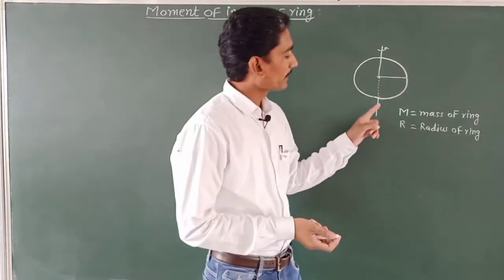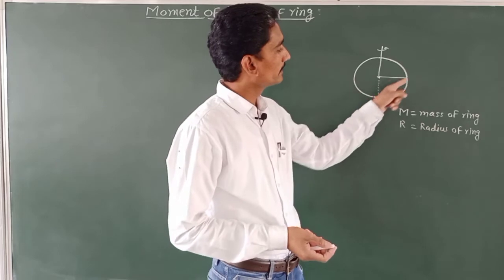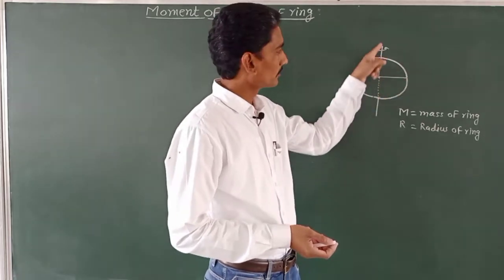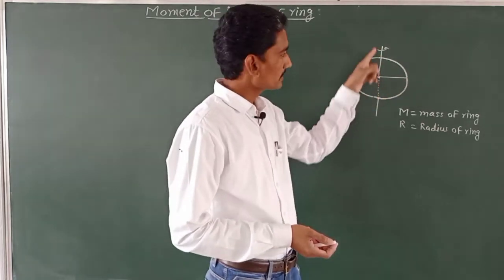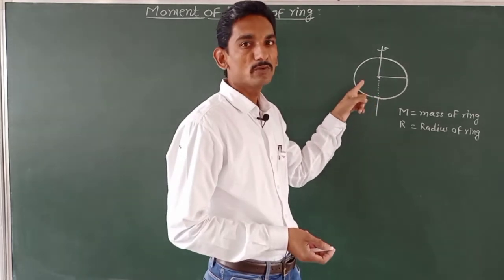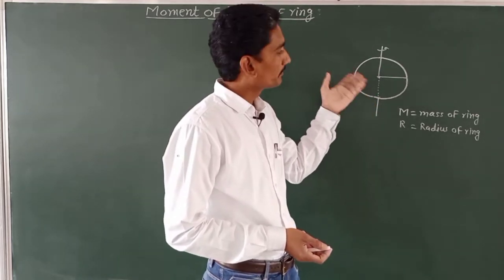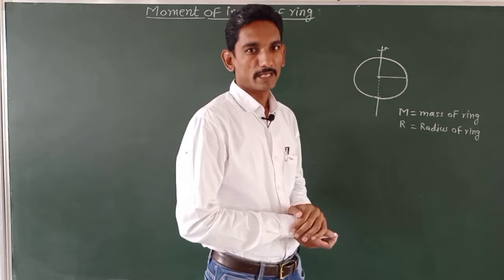Now we have to determine the moment of inertia of this ring about this axis. This is the axis which is perpendicular to the plane of the ring.